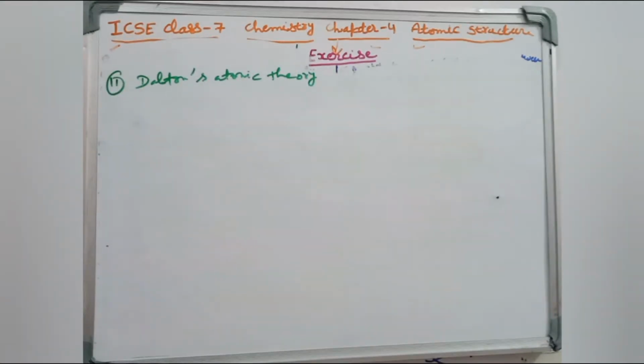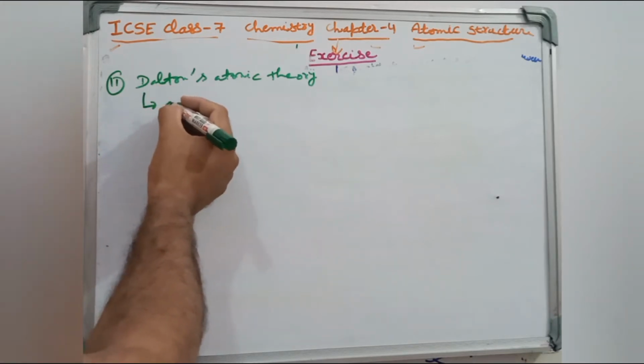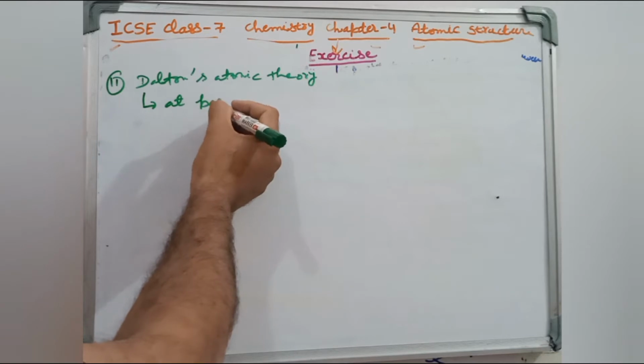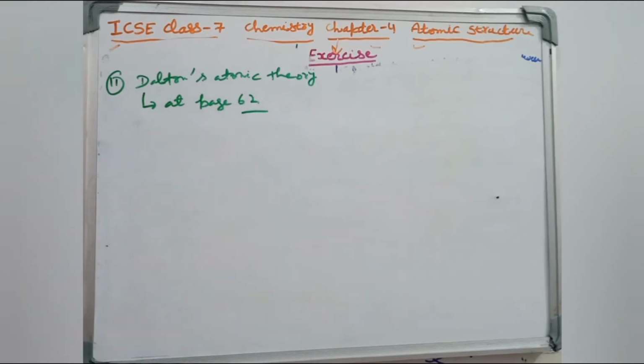So when you go to page 62, 5 points are given. Its answer is at page 62 of your book. Five points are given. They are the main postulates of Dalton's atomic theory.